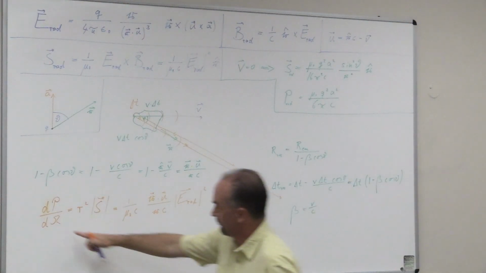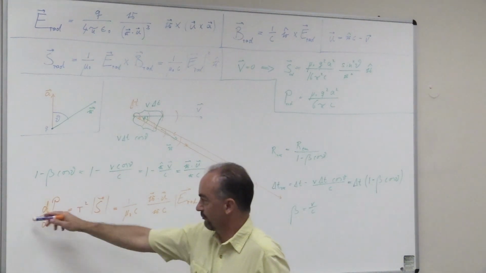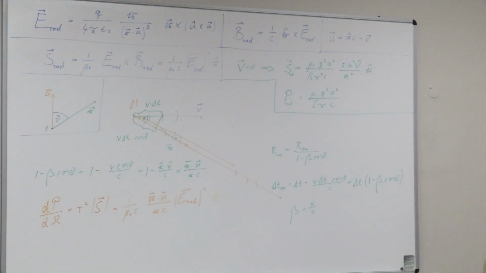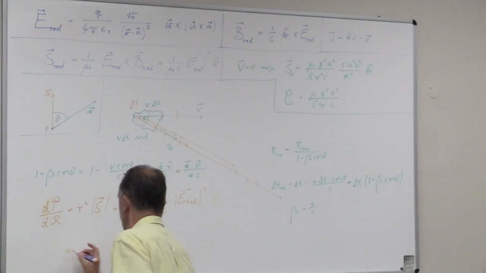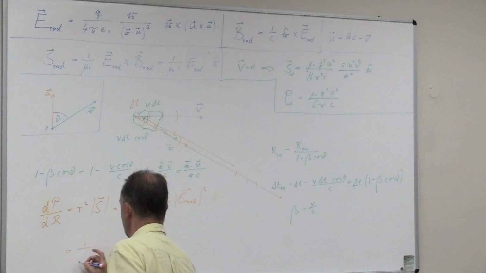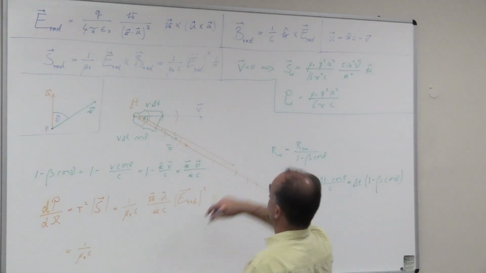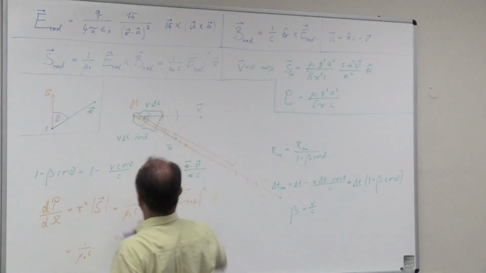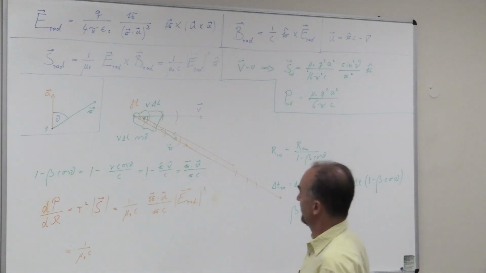That is the power emitted per solid angle, and then the total radiative power, of course, we will have to integrate that over all angles. So we can write that out. This is 1 over mu naught c. Then see, the square has 6 powers of R dot u, one of them cancels out.